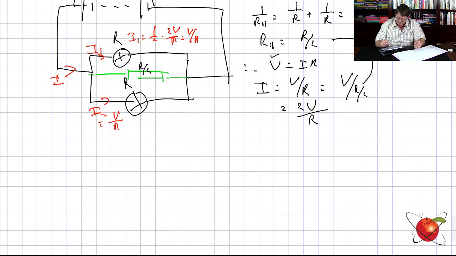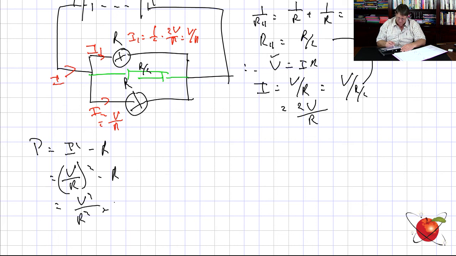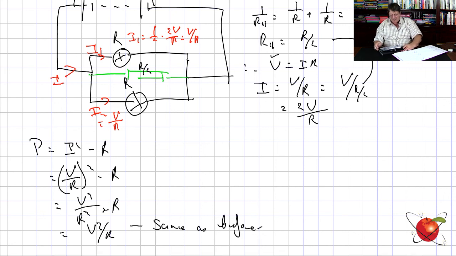Once again, the power is equal to I squared R. What is I? I is V over R squared times R, which is V squared over R squared times R, which is V squared over R. And guess what we've got here? We've got the same as before.